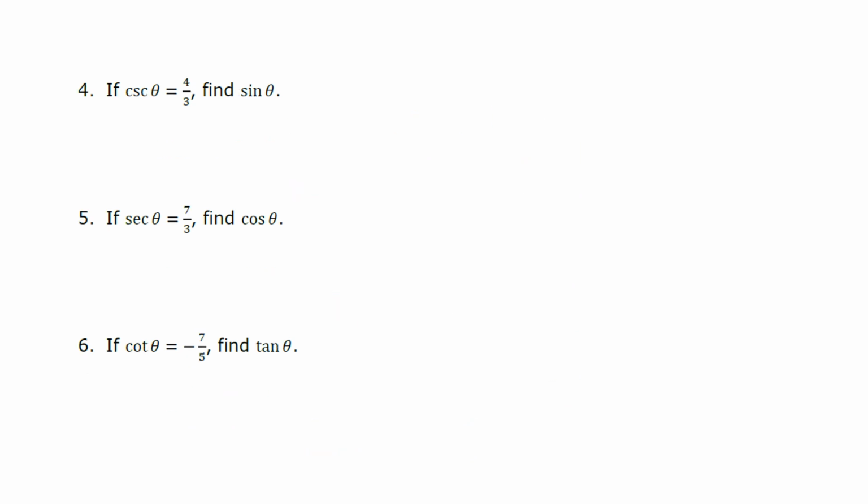Number 4, if cosecant theta equals 4 over 3, find sine of theta. Well, sine of theta equals 1 over cosecant theta. If cosecant theta equals 4 over 3, then 1 divided by 4 over 3 is 3 over 4.